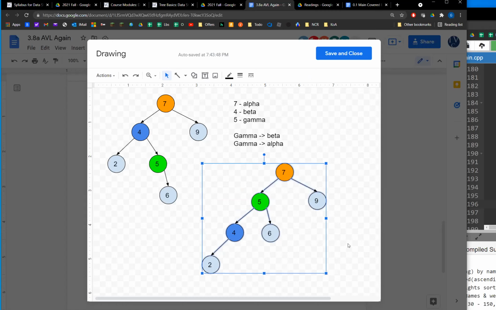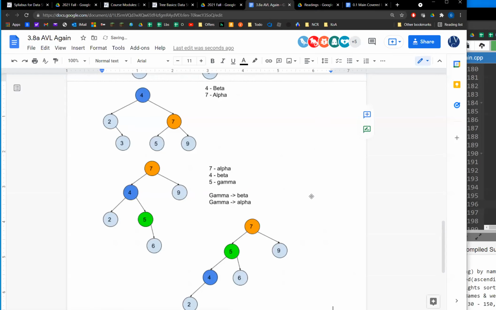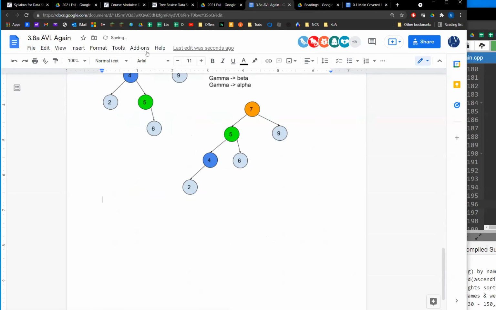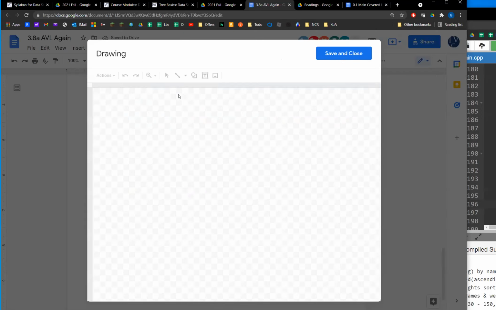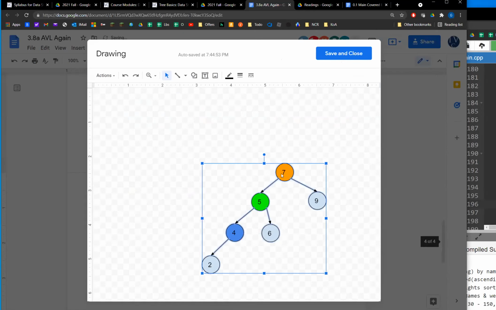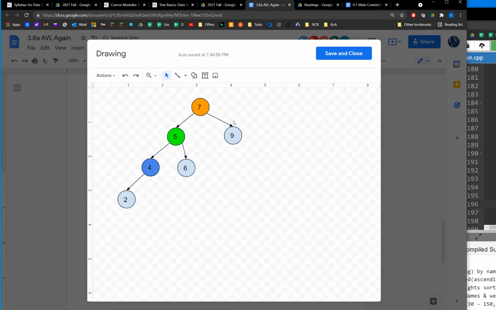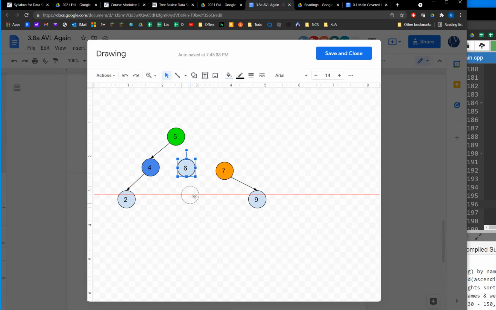We keep going. This gamma needs to rotate towards alpha again. So we'll continue with our rotation. The 7-9 part of the tree rotates down. 5 will take 7 as its right child.